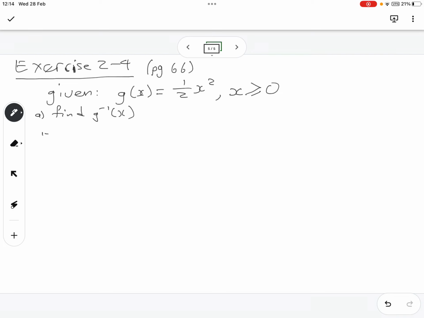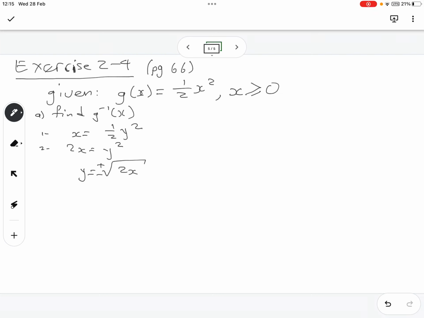Step 1 is to swap y and x. So x equals 1 over 2 y squared. Make y the subject of the formula. That means 2x is y squared and y is positive or negative root 2x.